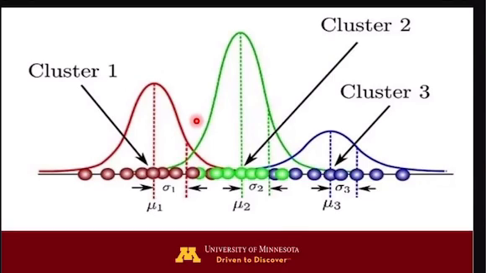We believe that each cluster is derived according to a Gaussian distribution, and each has its parameters. Each cluster has three parameters. The first one is the mean. The second one is the covariance, and the third one is the probability of objects being classified into that particular cluster. So there are three parameters involved.